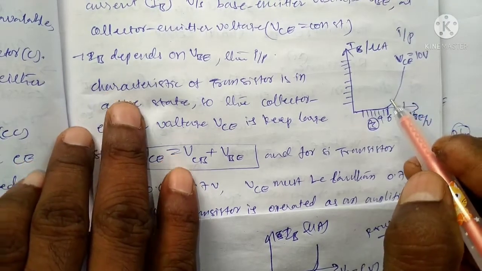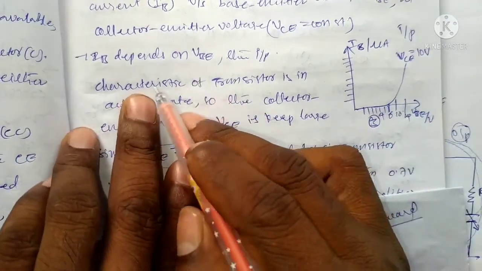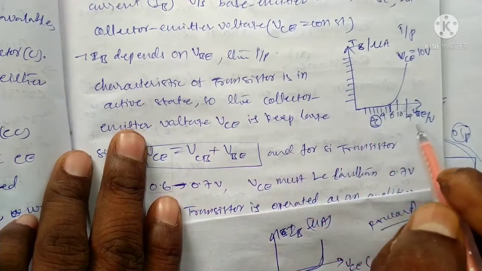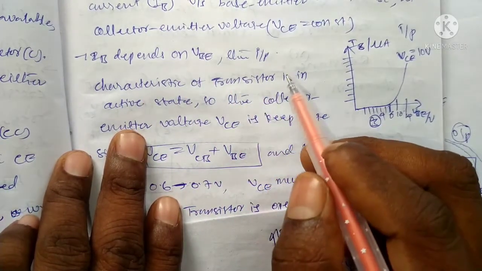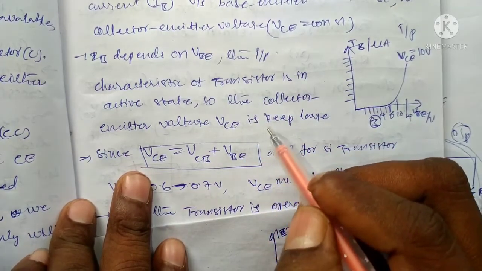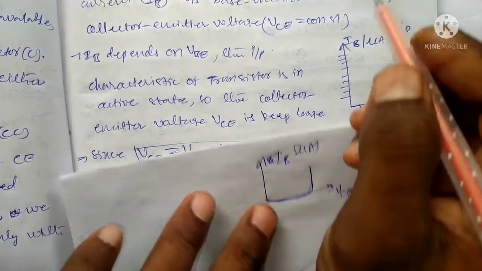That means IB depends upon VBE. When VBE increases, IB increases. That is the input characteristics of the transistor, at constant VCE.